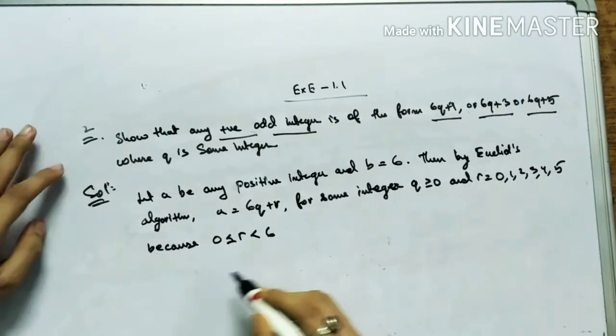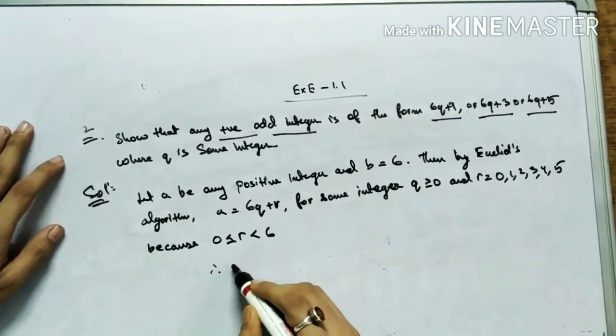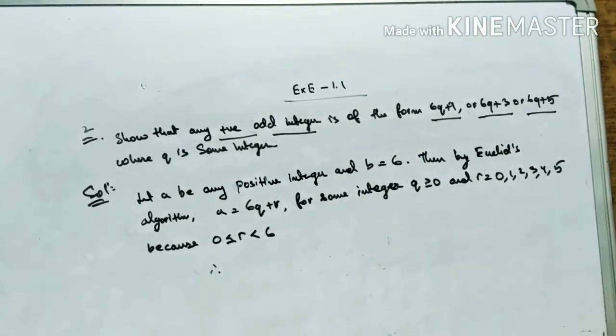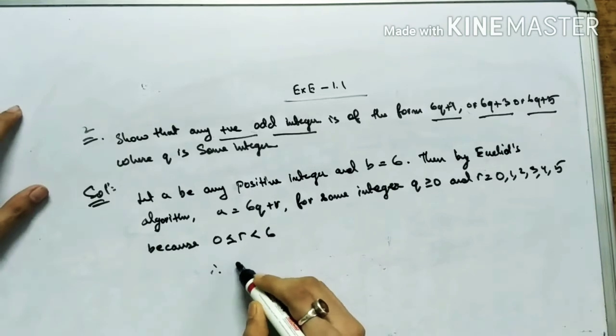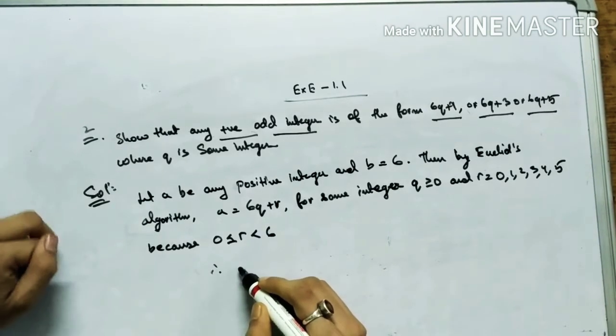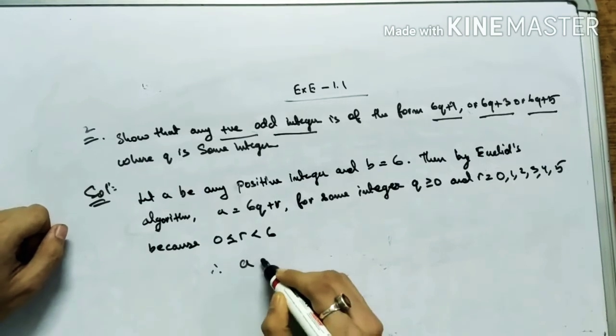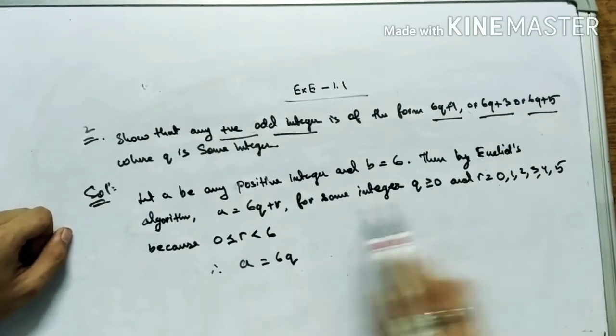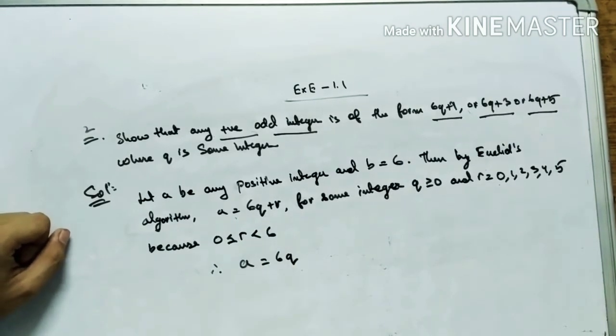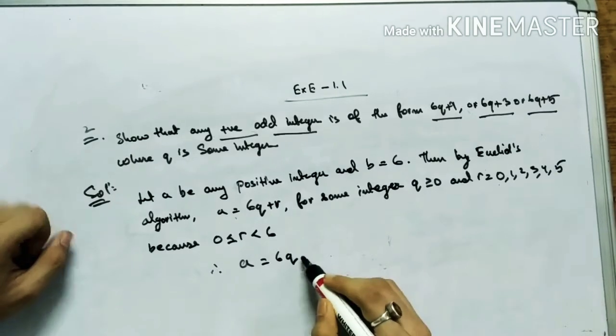Okay, so therefore you see a value, it can be 6q when r value is 0, in 6q plus r.